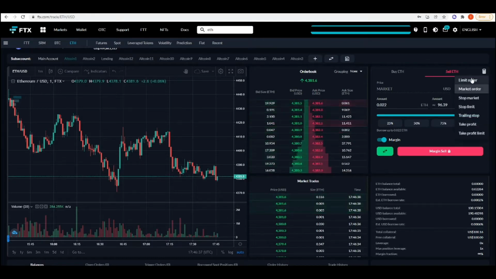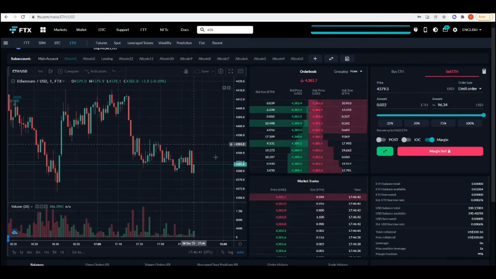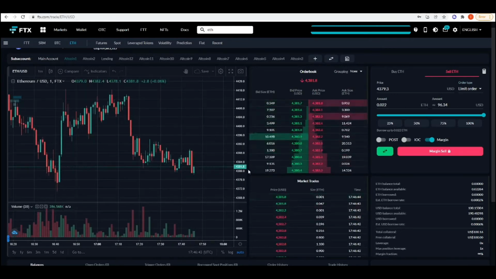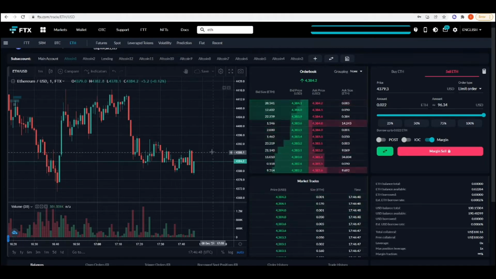Now let's say I wanted to do a limit order. If I placed a limit order, it means that I want to short sell at this price or higher. For example, if I placed a limit order at 4,395, it means that my short order will not get filled unless the price of Ethereum goes that high.